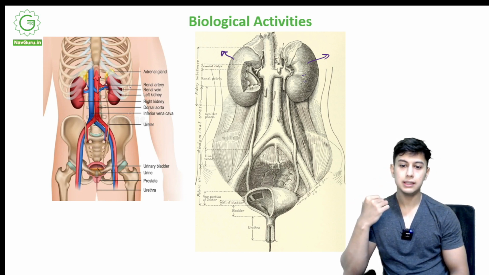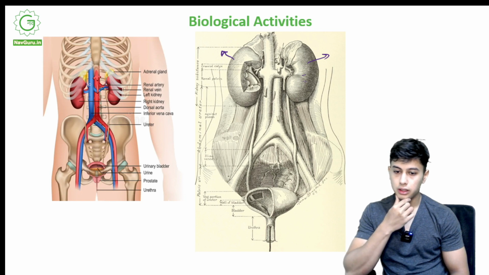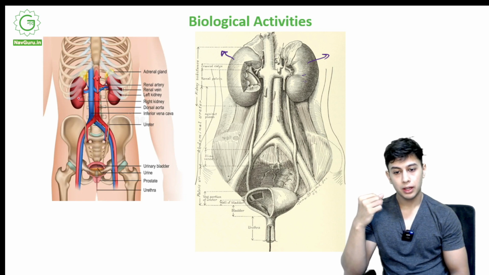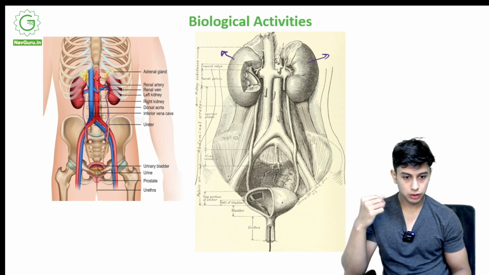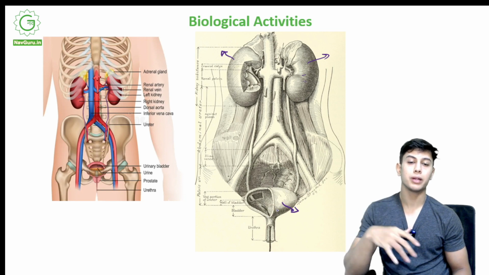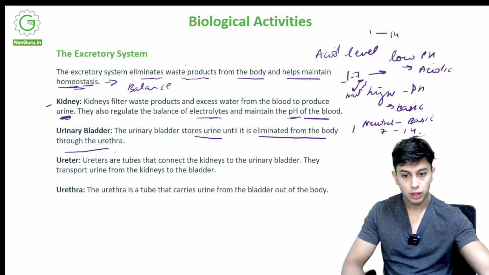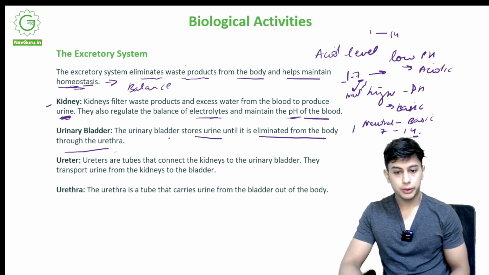Two kidneys are present in everyone, and the kidney is used to purify the blood and supply all the waste part to the urinary bladder. This sac-like structure is the urinary bladder where urine is stored, right? The urinary bladder stores the urine until it is eliminated from the body through the urethra.